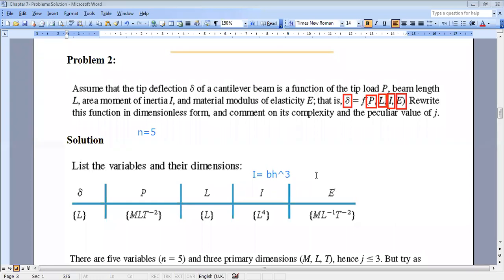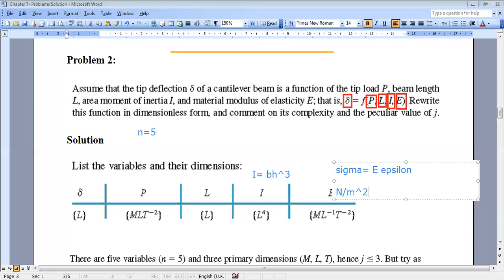Now, for the modulus of elasticity, if you don't know the unit directly, think about the relation. You have surely taken materials. From materials, you know that sigma is equal to the modulus of elasticity times epsilon. Sigma is stress, so it's Newton per meter square.